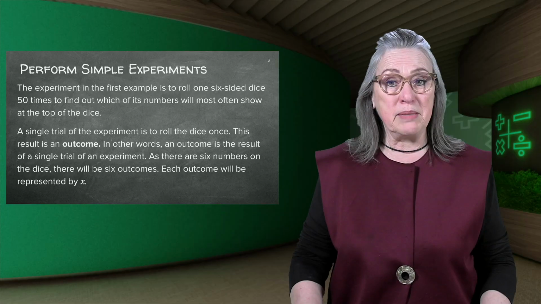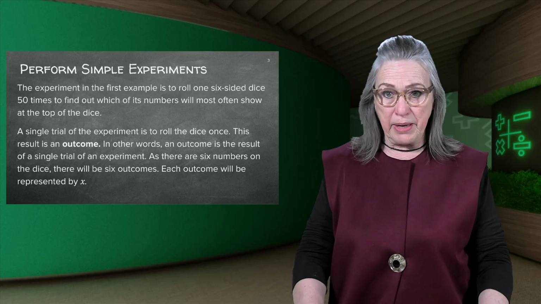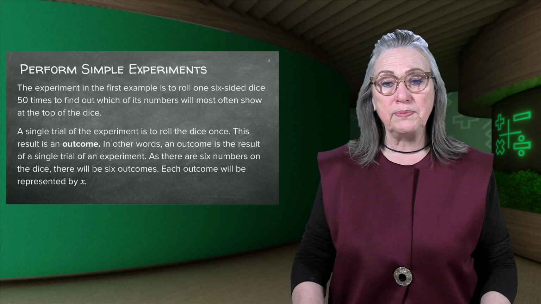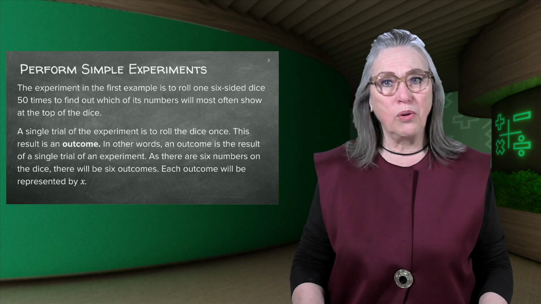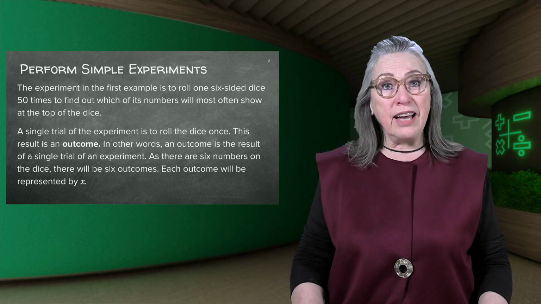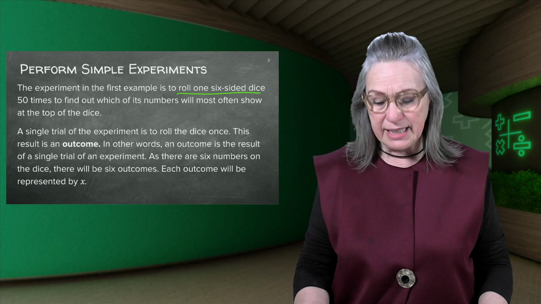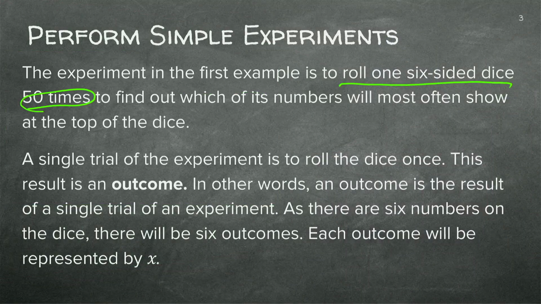Now we're going to do an experiment, and in the first experiment we are going to roll one six-sided dice. Now I know you all know what a dice is. We are going to roll a six-sided dice 50 times to find out which of its numbers will most often show at the top of the dice. Now, just to clarify, a single trial of the experiment is to roll the dice once.